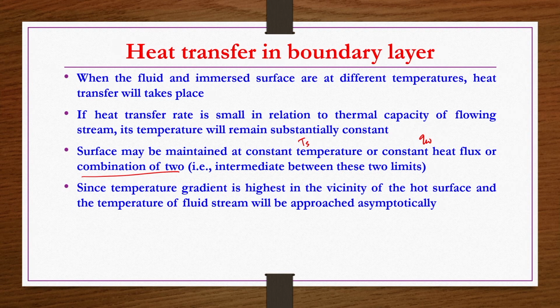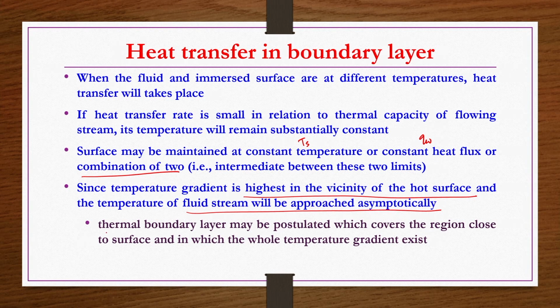Since the temperature gradient is highest in the vicinity of the hot surface and the temperature of the fluid stream is approached asymptotically, a thermal boundary layer may be postulated which covers the region close to the surface and in which the whole temperature gradient exists. Exactly analogous to the momentum boundary layer case, if there is heat transfer also, the flow region is divided into two regions.